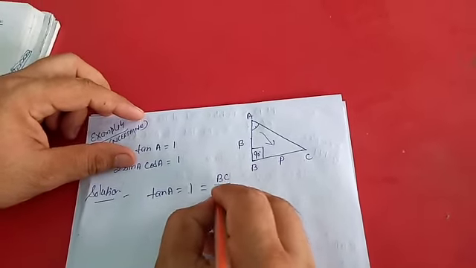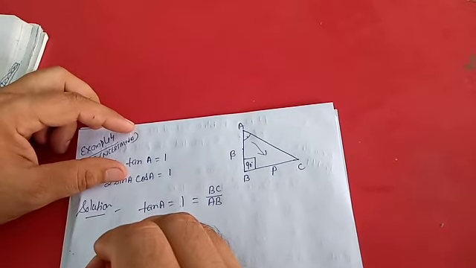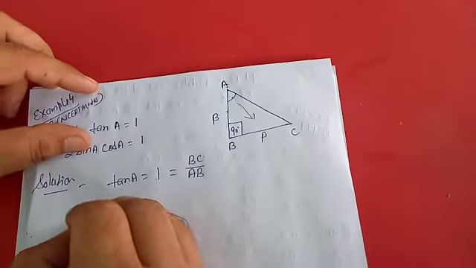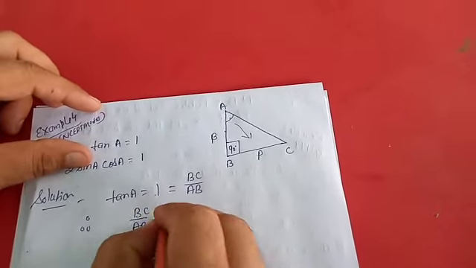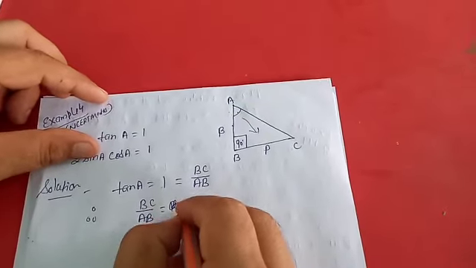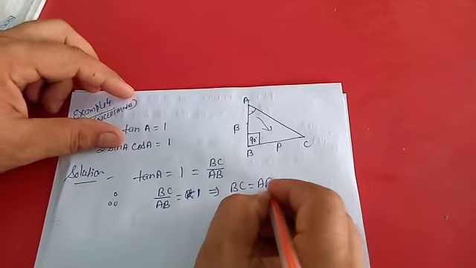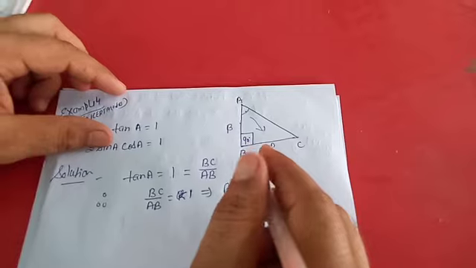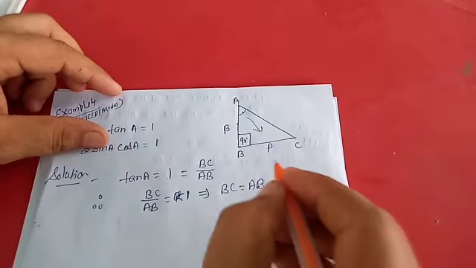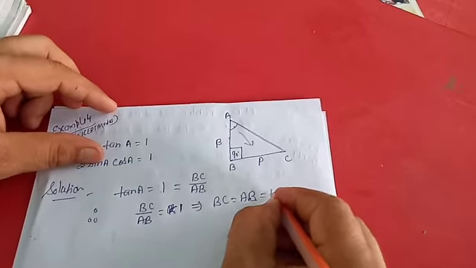BC by AB. Understood? Therefore BC by AB equal to 1, this implies BC equal to AB. Understood? Understood or not? Let this be equal to K.